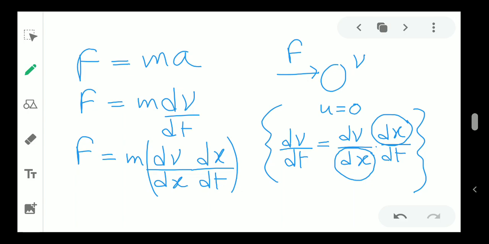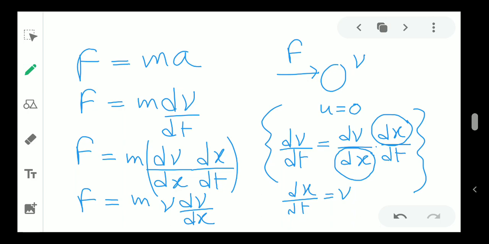Once you write it like this, you can easily find one relationship, that is m. Now you know that this dx by dt term is basically your v. So instead of dx by dt, I can write v, and dv by dx is as it is.